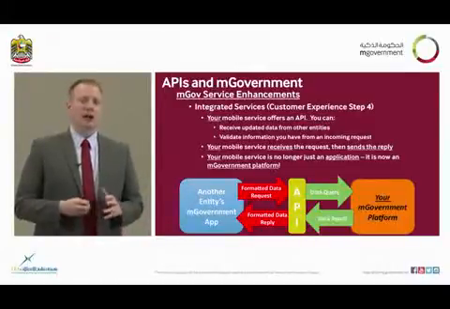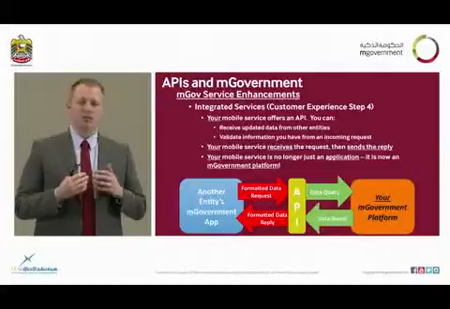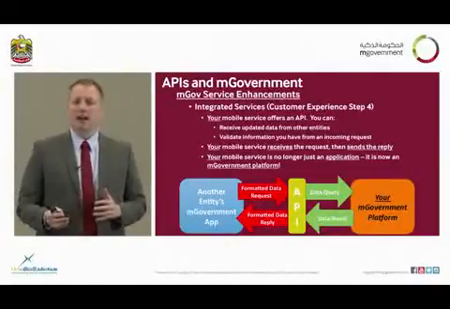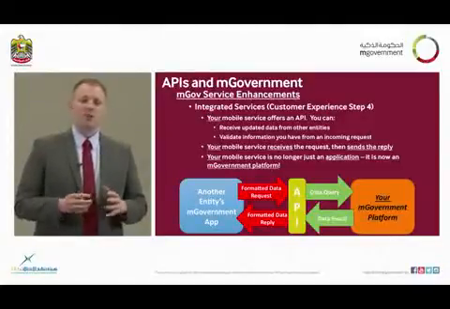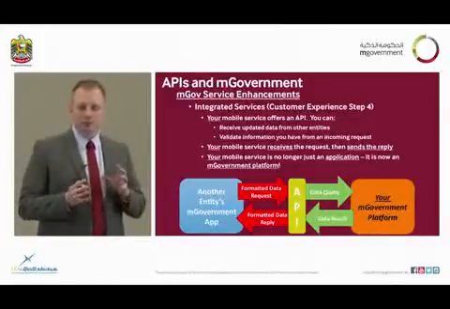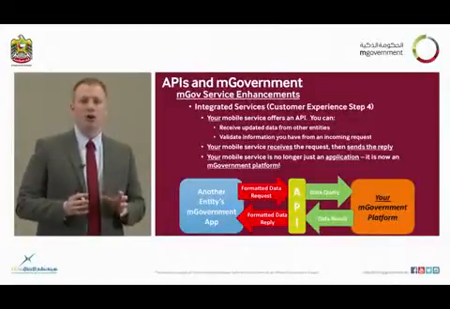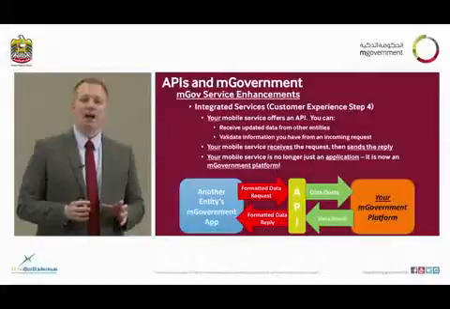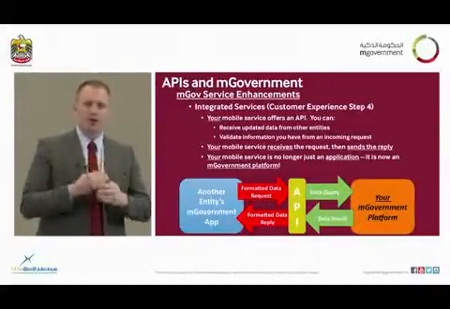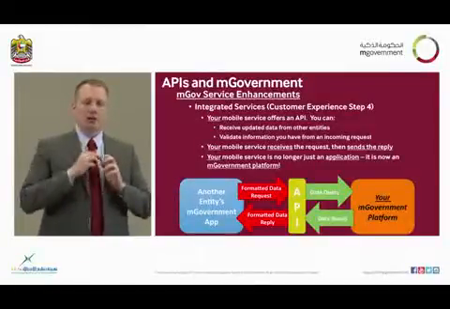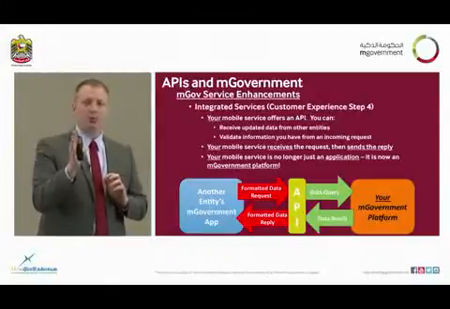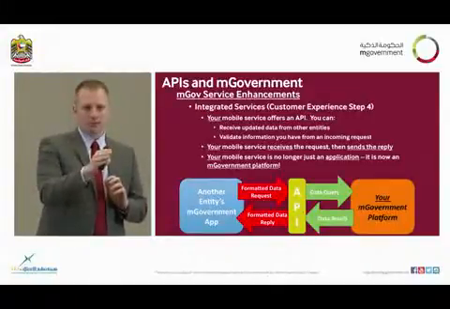But they still need to allow other entities to connect with them to find out if any Emirates ID information that they have been provided is valid or not. So Emirates ID would establish what would be an integrated service. They would create and provide an application programming interface, an API, that other entities can connect into, that they will then process the received data and send a response back to them so that that entity will have an improved service for their user.